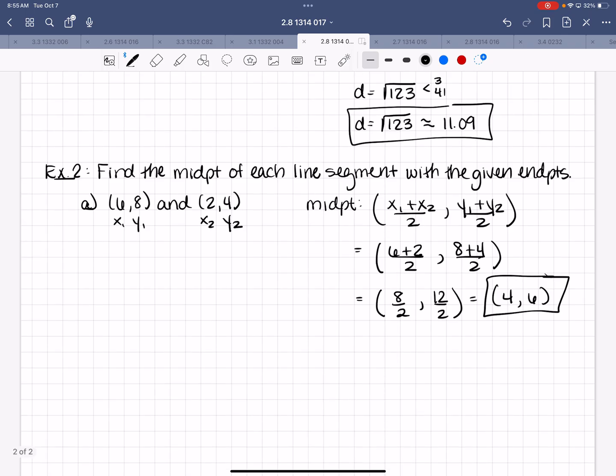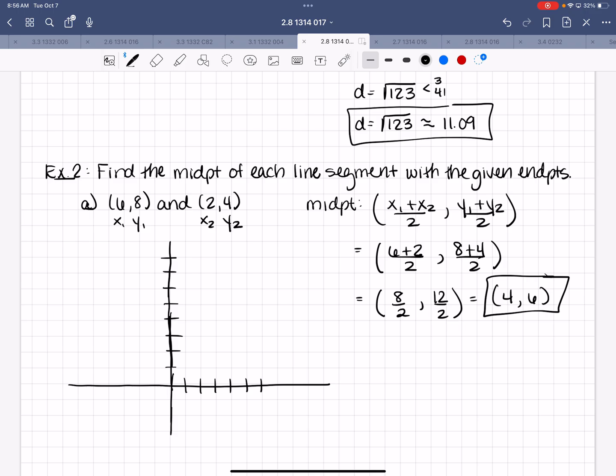Okay. If we want to look at an image of that, I have the point (6, 8). Of course, I didn't do enough space. 1, 2, 3, 4, 5, 6, 7, 8. 1, 2, 3, 4, 5, 6.